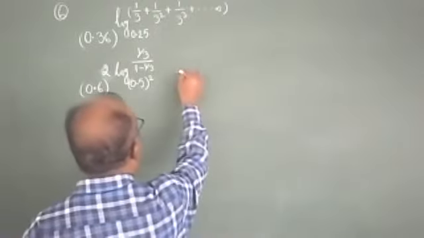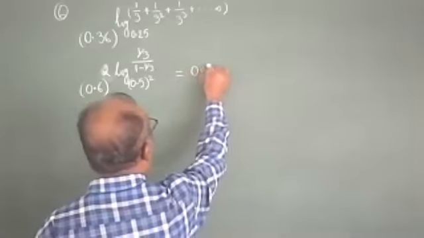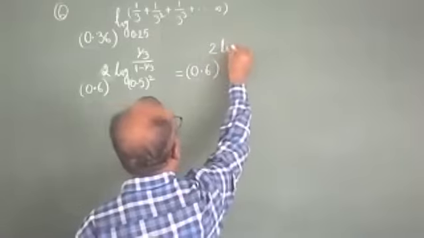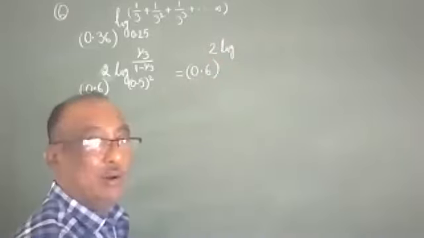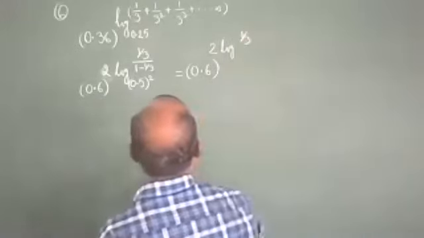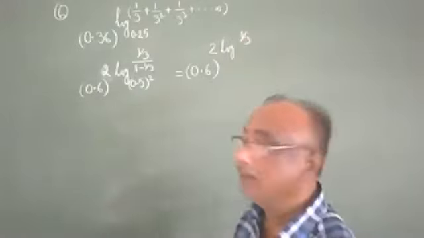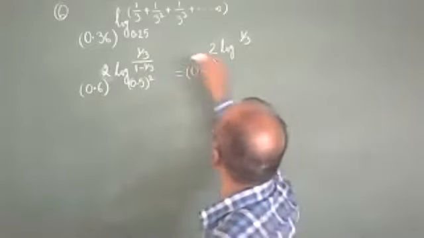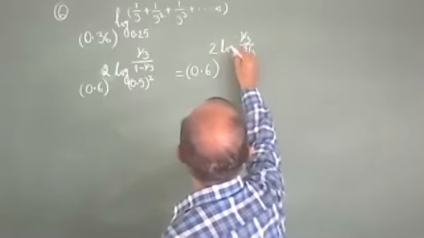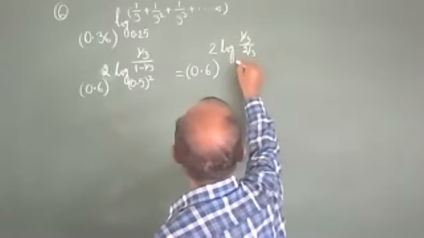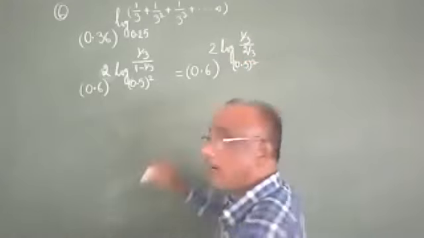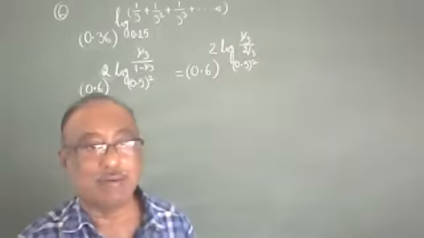Right, next one is 0.6 to the power of 2 into log of 1 by 3 by 2 by 3 base. What is the base? 0.5 square. Is it clear, everyone?